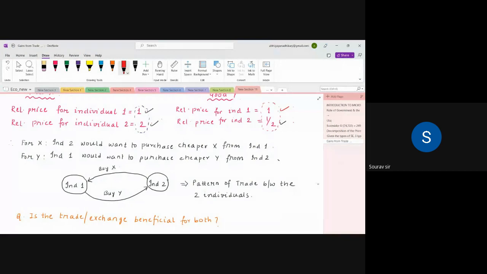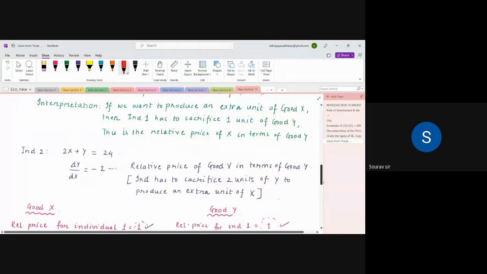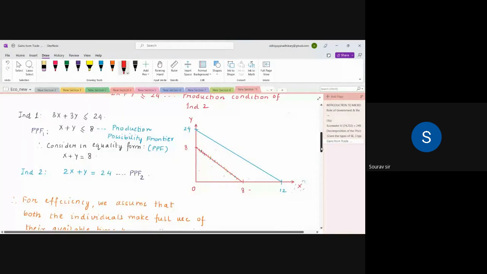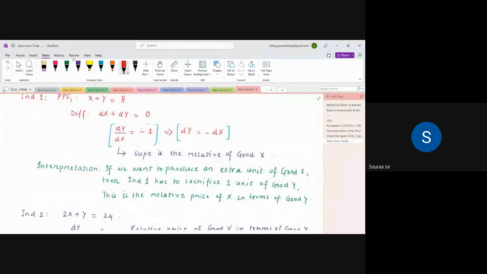Okay. Now, one more thing in addition that we are talking about. This slope of the PPF that you have written over here, the slope which is the relative price of good X. I forgot the word price.